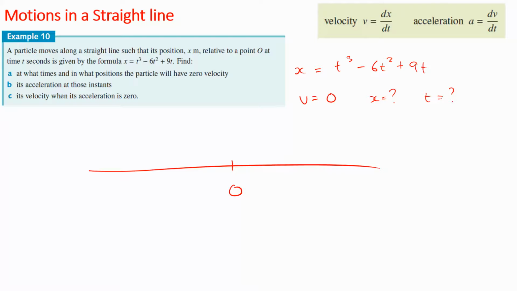So here we go. To answer this question, part A, I say v is equal to dx/dt. Let's find the derivative. What's the derivative of t cubed minus 6t squared plus 9t? Let's go. Josh?